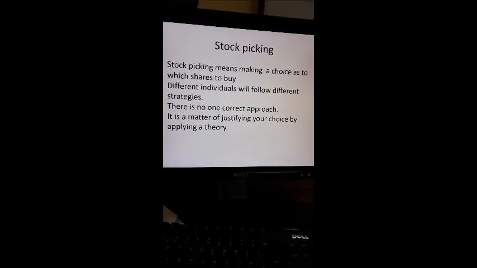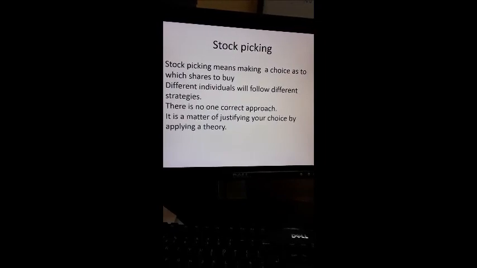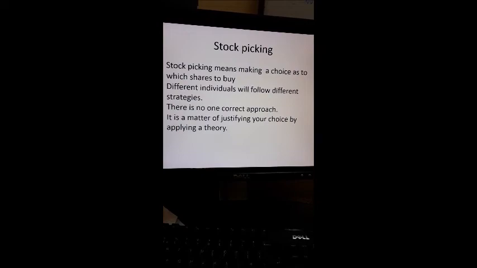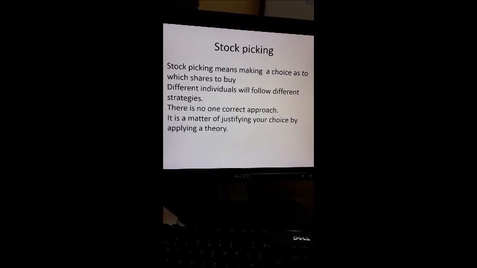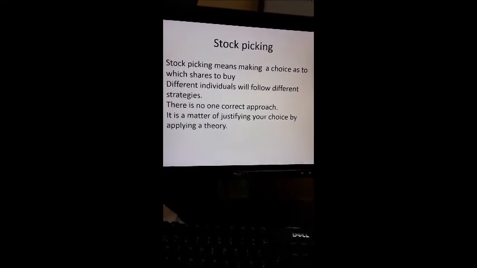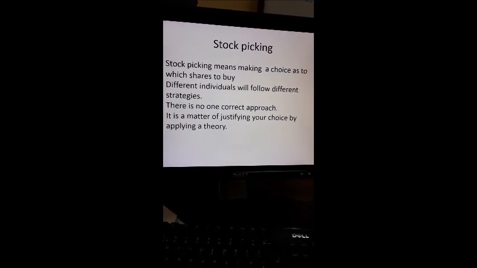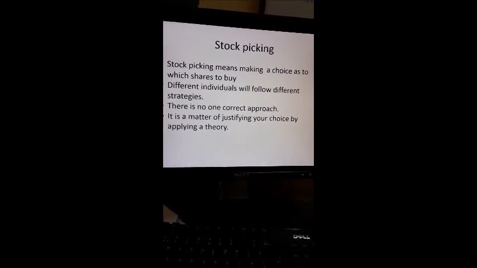Stock picking means making a choice as to which share to buy. So you choose which share you want to buy or invest in after looking at the fundamental factors of the companies where you want to invest.